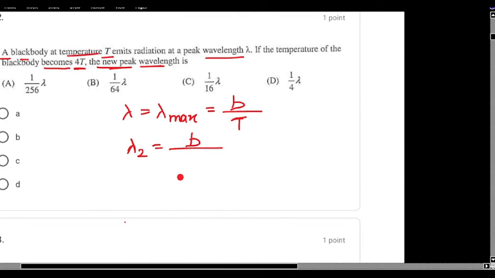The constant b remains the same and the temperature becomes 4 times.